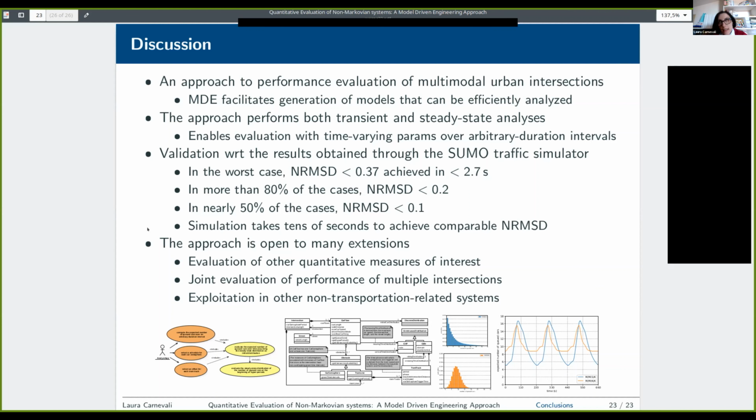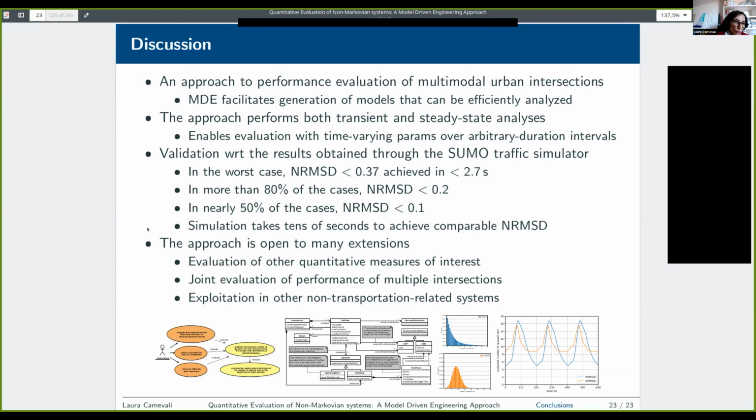So another step that we did, to still have something non-Markovian in the model, to still use the non-Markovian temporal parameters to model the car flows, was to have, I would say, a mesoscale model.